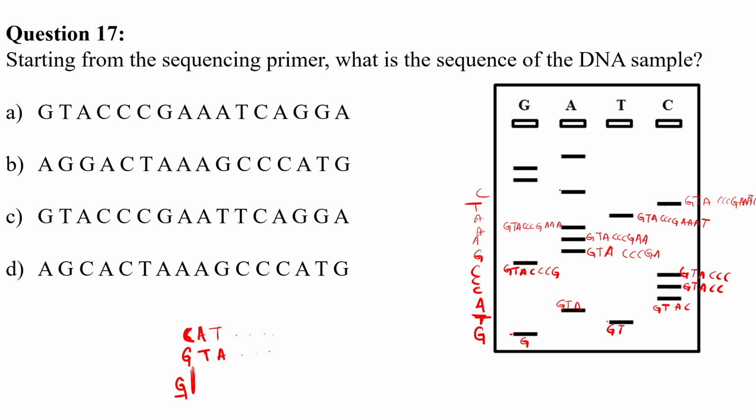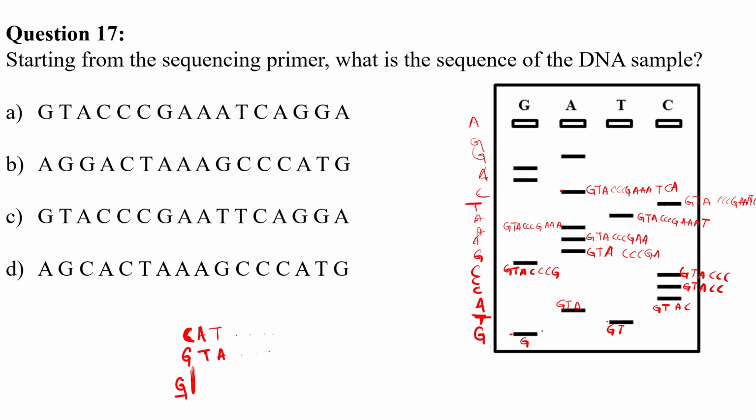Similarly this is A, so this will be GTA triple C, G, triple A, T, C, A. Then we have 2 G's, then we have A. So the sequence is GTA triple C, G, triple A, T, C, A, G, G, A. So this is how you have to read.